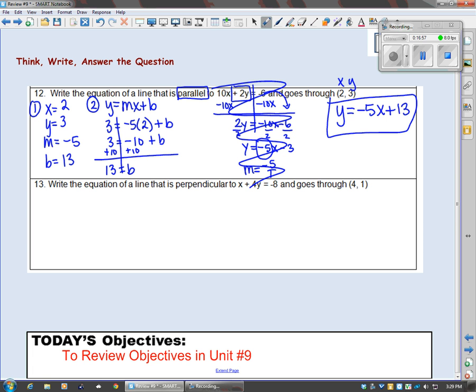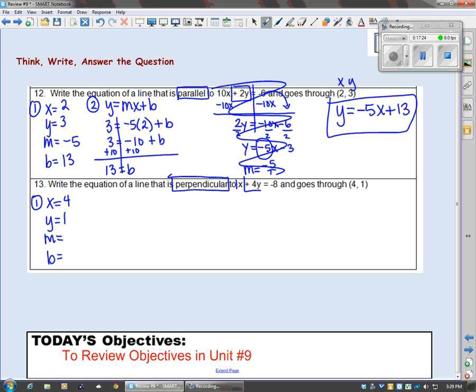Number 13. Perpendicular. Ooh, so already be thinking in your brain, what are you going to have to do once you find the slope? We kind of wrote on that a little bit. Okay, again, start by making your chart. What do you know? I know that x is 4 and y is 1. Please don't tell me that the slope is 1 here, because it's not.